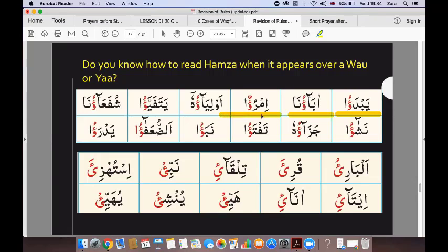And the next one. Imru'un. Well done. And the next one. Awliya'u. A little bit longer over here because we've got madd kabir and also awliya'u. Well done. And the next one.